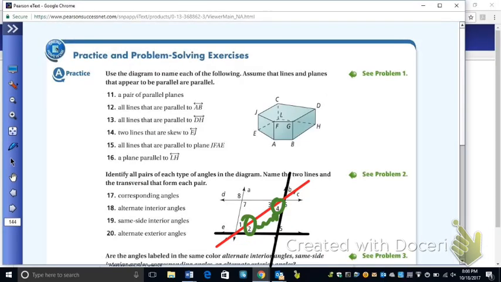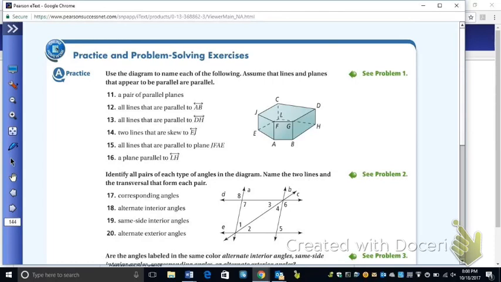Just so you guys know, there are 2 sets of alternate interior angles and only 1 set of alternate exterior angles.